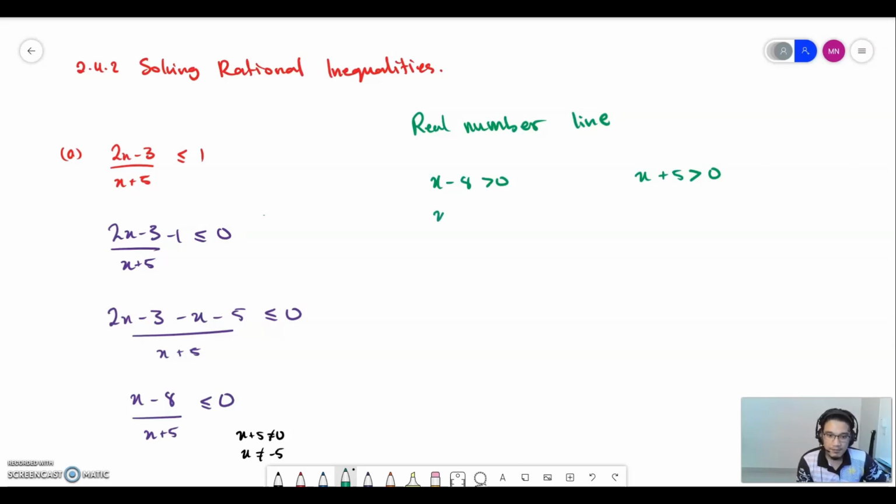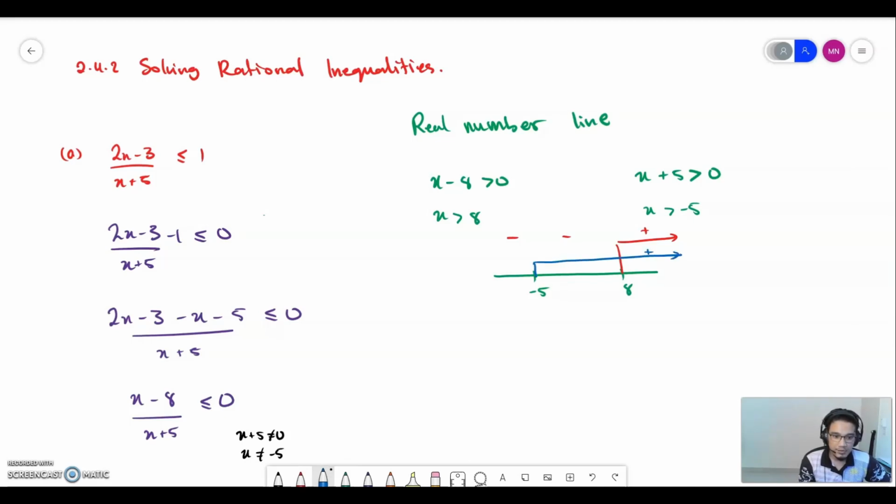So x is bigger than 4, and x is bigger than -1. We draw a line with -1 and 4. For x bigger than 4, the arrow goes to the right, and where the arrow goes, there goes the positive sign. So x bigger than -1 goes to the right too, giving positive, negative, positive regions.